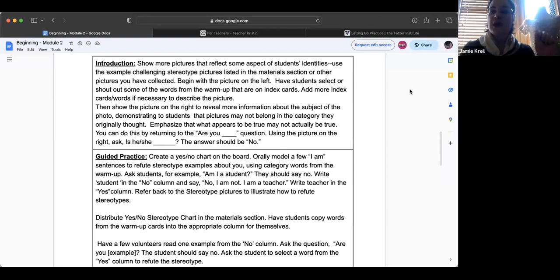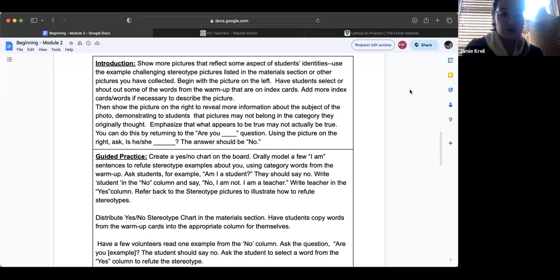So it might look like, for example, we had someone who had very, very long hair, and I've done this with my students before, and they'll say woman, and you'll zoom out, and it's not what they originally thought. We have a little sentence that says he is a man. And so there we're introducing the idea that what appears to be true may not actually be true.